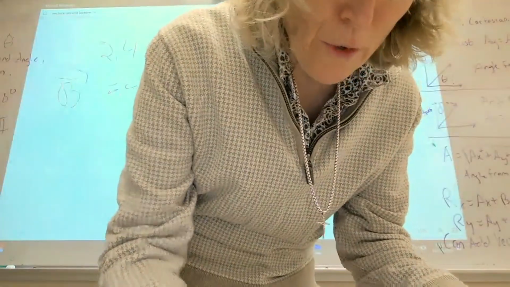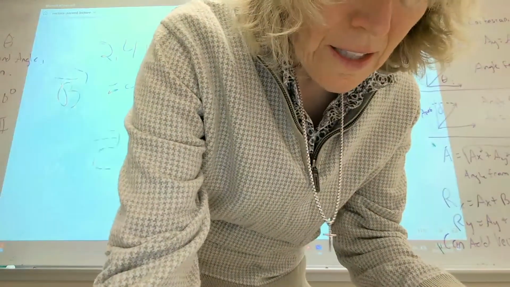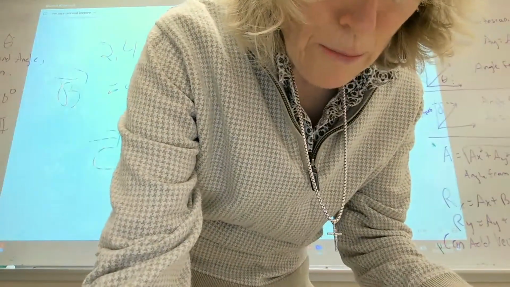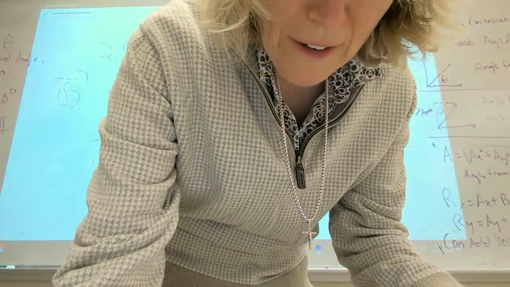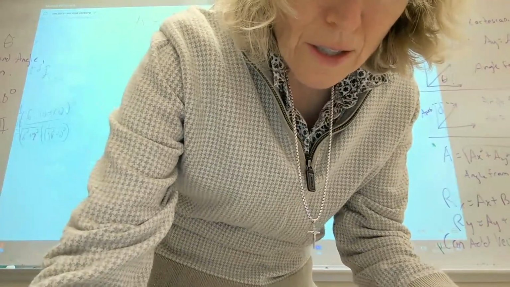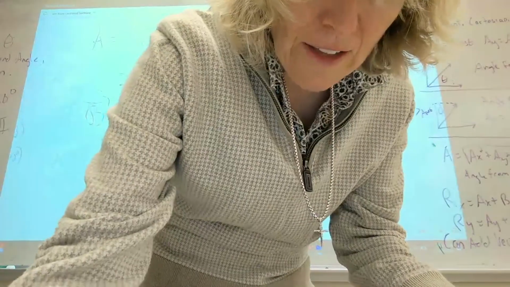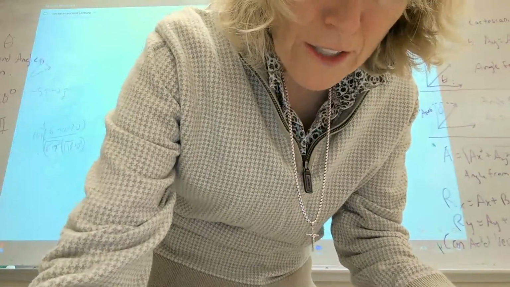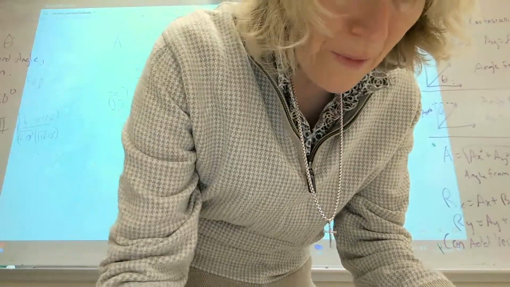Okay, and minus 4B. So C is 3A minus 4B. All you're doing is multiplying every A term by 3, and then every B term by 4 and subtracting one from the other.